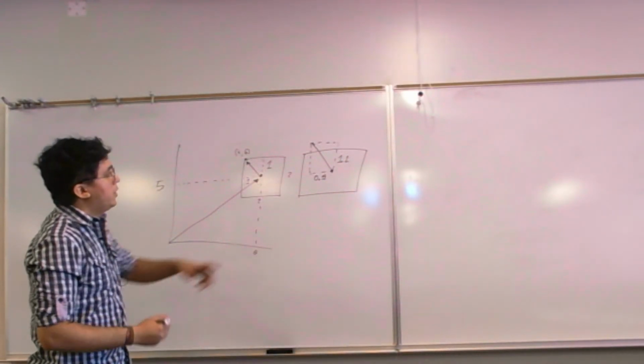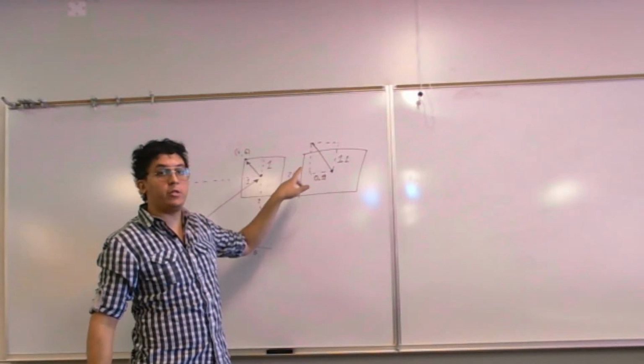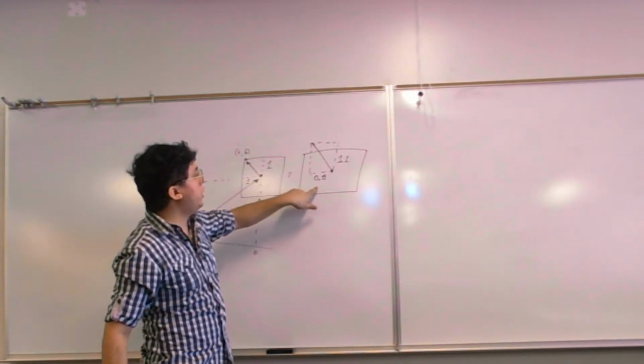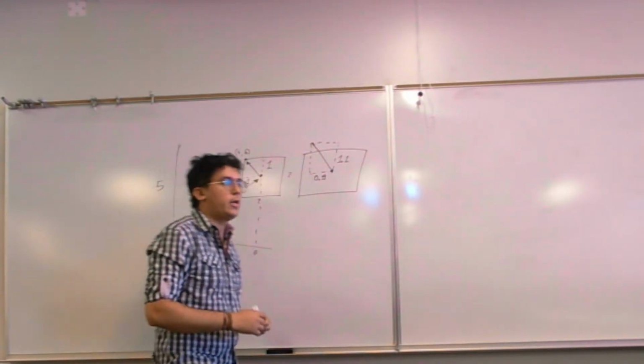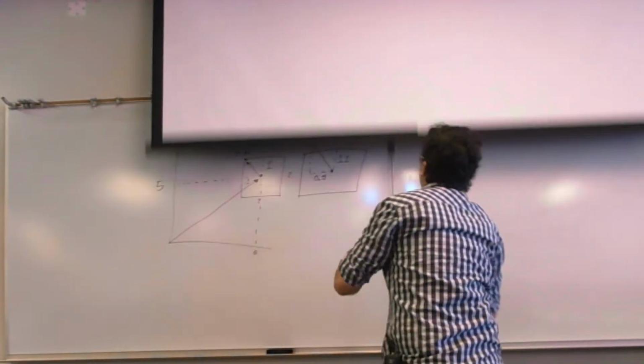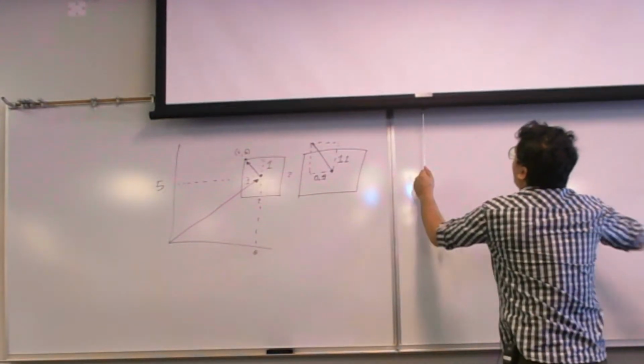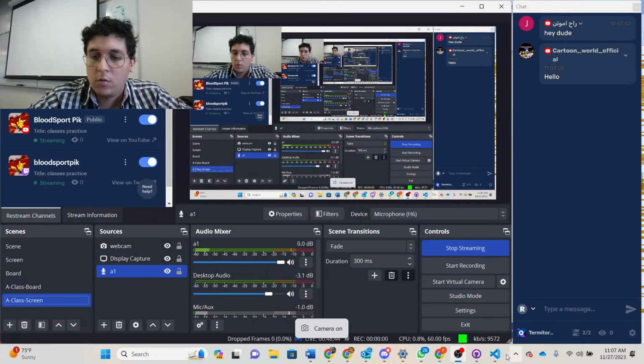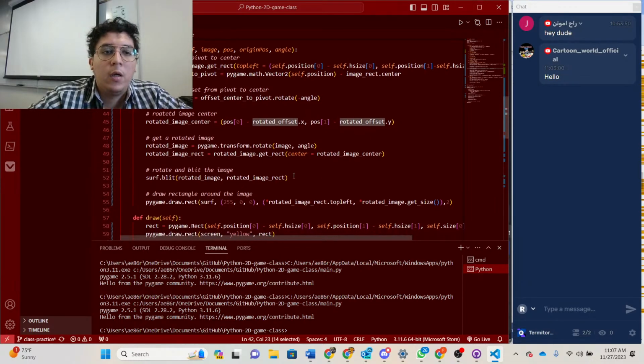So it changes a little bit, but it does rotate it. Now we need to adjust the square to follow this. Okay, so let's do that. Let's rotate it to follow it.